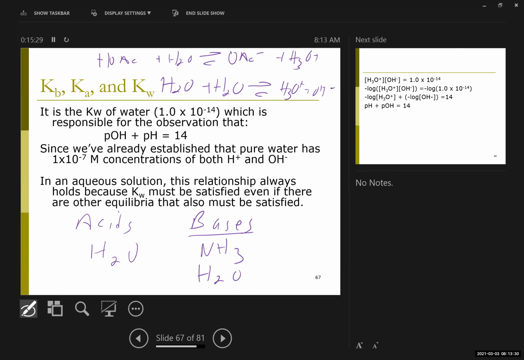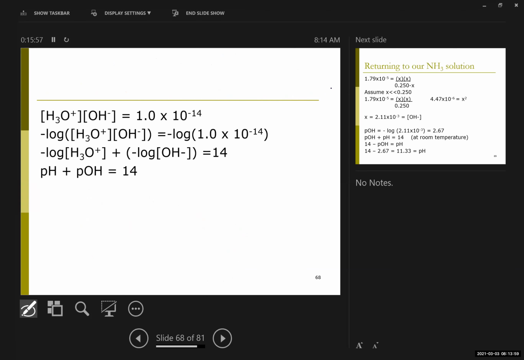But it does give me the only hydronium that I have. And so there's really always these two reactions going on because the water reaction is in the background. There are just a lot of times where I don't bother with the water reaction because it doesn't change much of anything. If I have a base like I do here, it does change the hydronium concentration. It's the only hydronium I have.